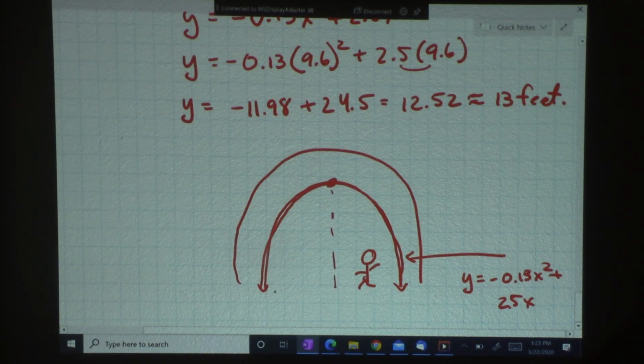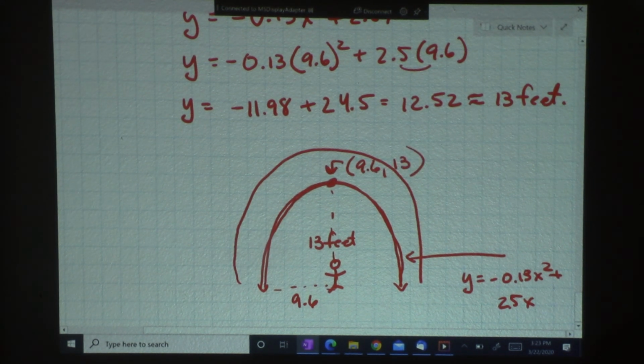Well, it is 9.6 feet over and 13 feet up, like on a graph. So if you were standing right underneath the top of the arch, it would be 13 feet tall, and you would be 9.6 feet out from the side. So that's what that means right there.